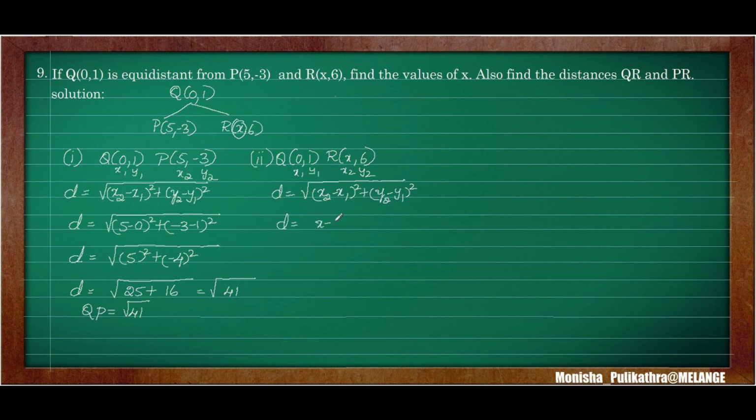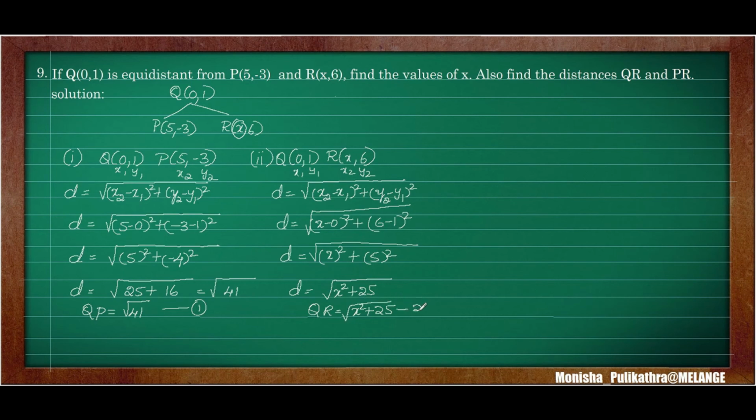So d is equal to x minus 0 whole square plus 6 minus 1 whole square, which is x square plus 5 square. So it will become x square plus 25. Let QP be equation 1 and QR be equation 2.